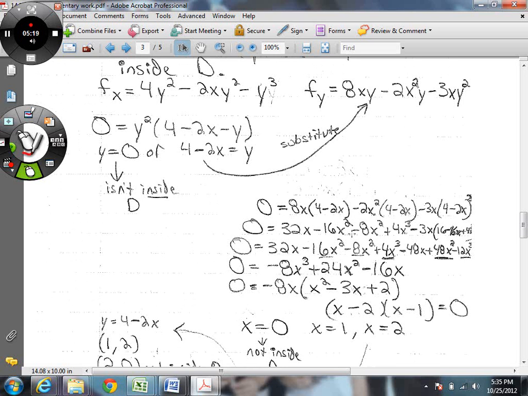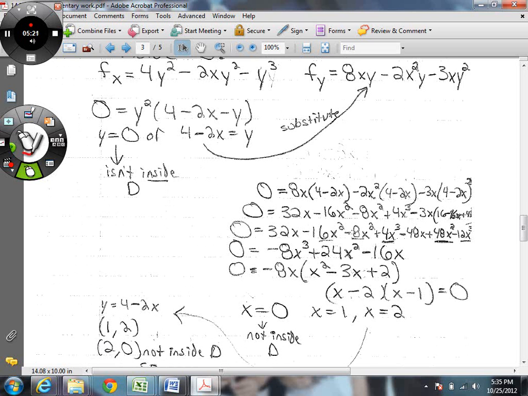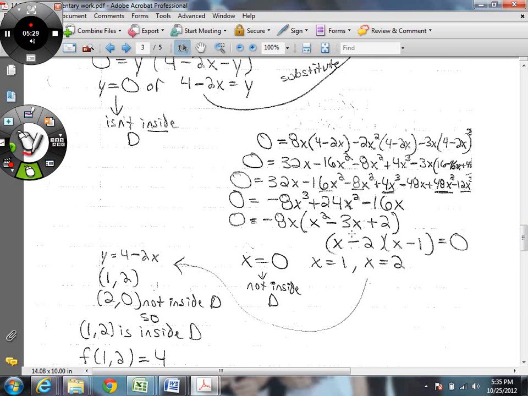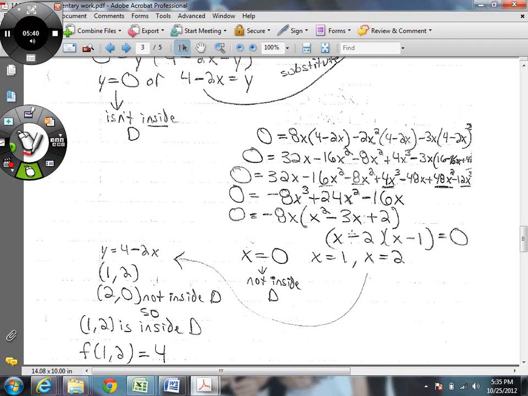So we get x equals 0, which again is not inside D, it's on the boundary. And then we have x equals 1 and x equals 2. Now when we plug it back in to get what the y value is, we end up getting 2, 0, which is also not inside D, it's on the boundary.